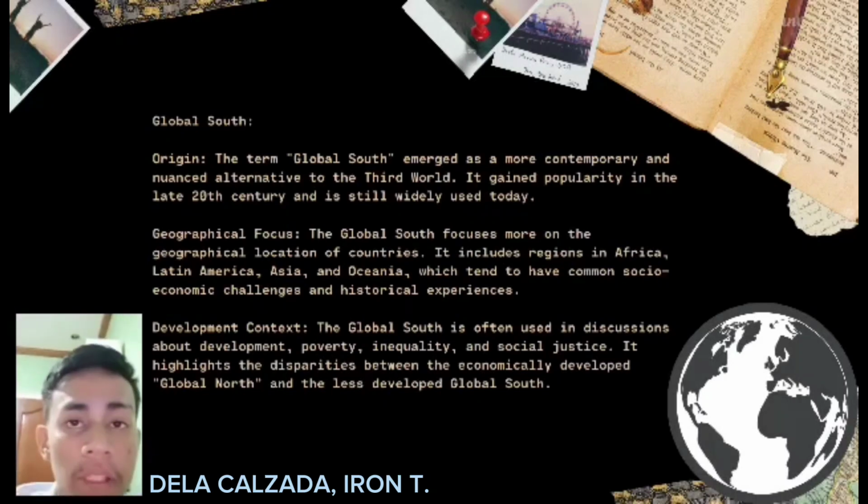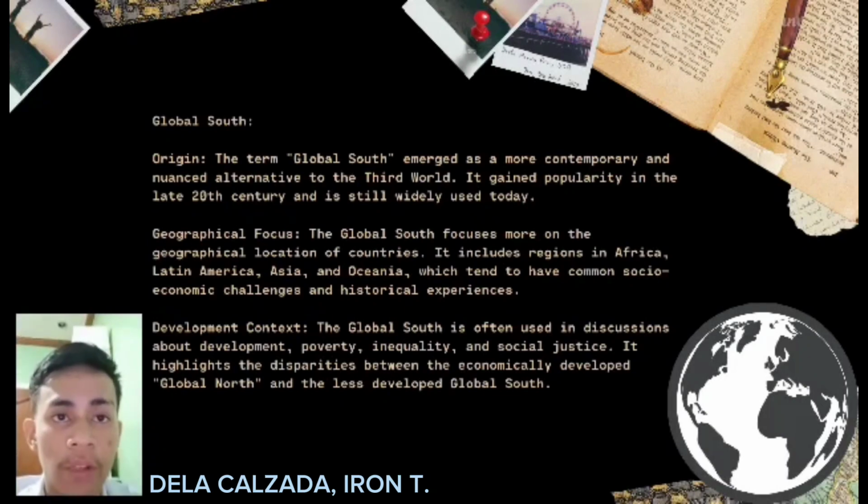So, in summary, while both terms have been used to describe countries with economic and political challenges, Third World has more historical and political context, while Global South is a more contemporary and geographically focused concept that emphasizes development and global inequalities. However, the usage of these terms can vary, and some people may use them interchangeably or with different nuance.